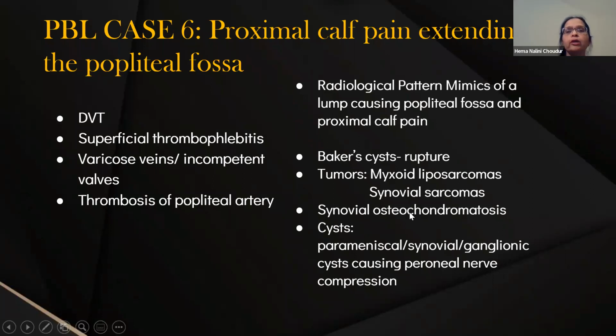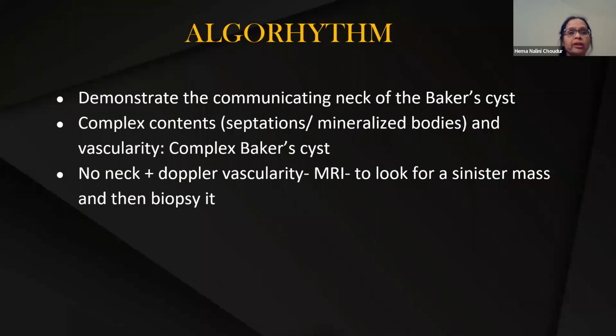We've already gone through the list of radiological mimics of a lump in the popliteal fossa causing proximal calf pain, from ruptured Baker's cysts, myxoid liposarcoma, synovial sarcomas, synovial osteochondromatosis, and complex cysts like parameniscal cysts, synovial and ganglionic cysts, and intraneural ganglionic cysts. So now we know the importance of developing an algorithm so as not to miss the sinister pathology.